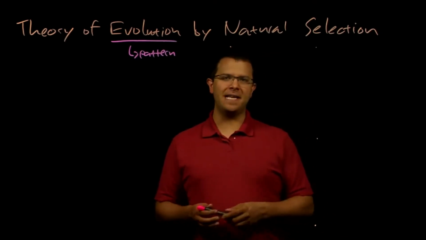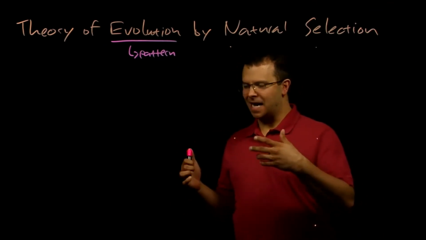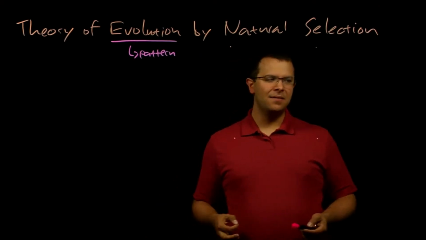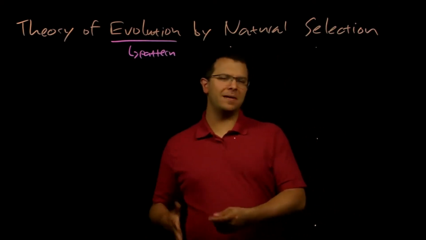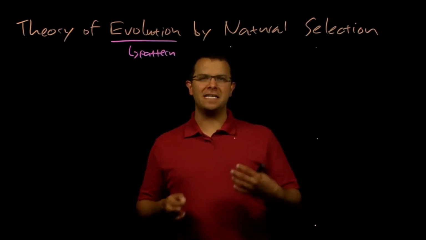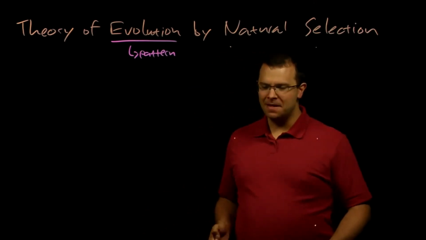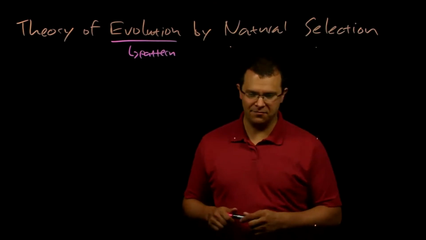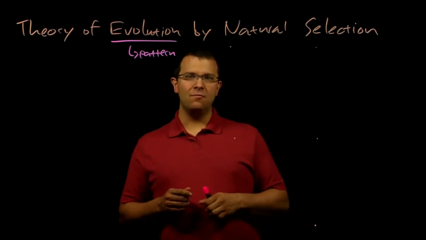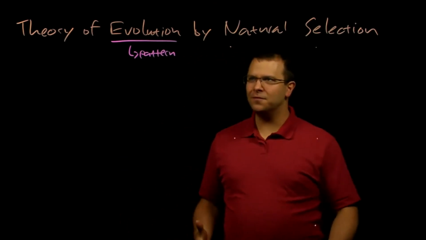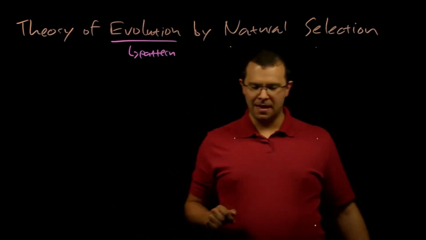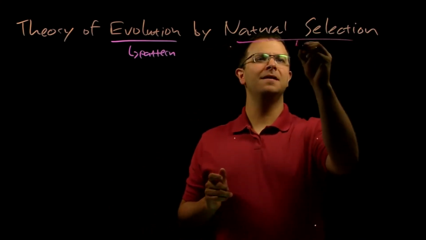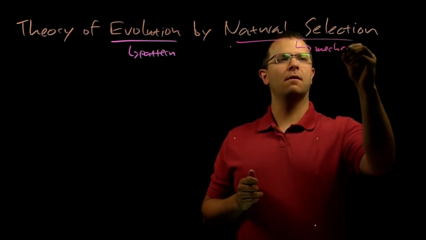For example, if I take some bacteria and I put them in some broth and I walk away for a week, the characteristics of what is growing in that broth are going to be very different a week later than potentially the organisms that I put in there to begin with. And so we see this over and over again. That's our pattern. How does this happen? Well, the mechanism part is natural selection.